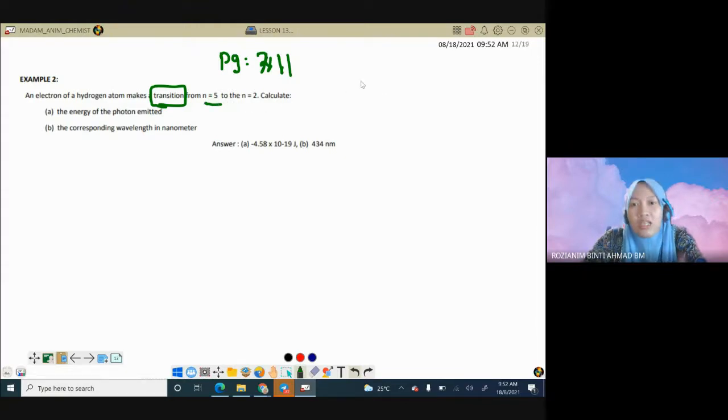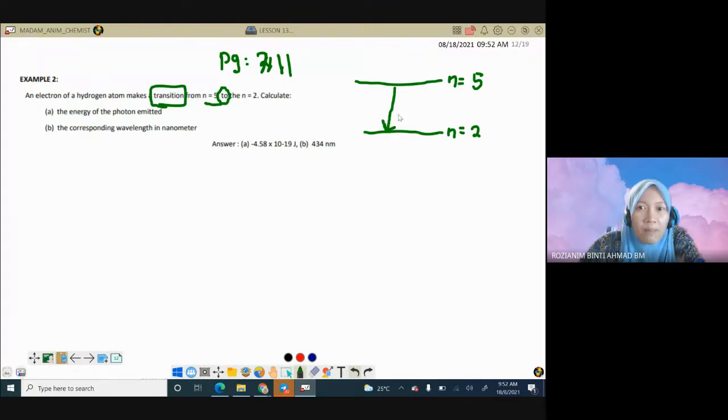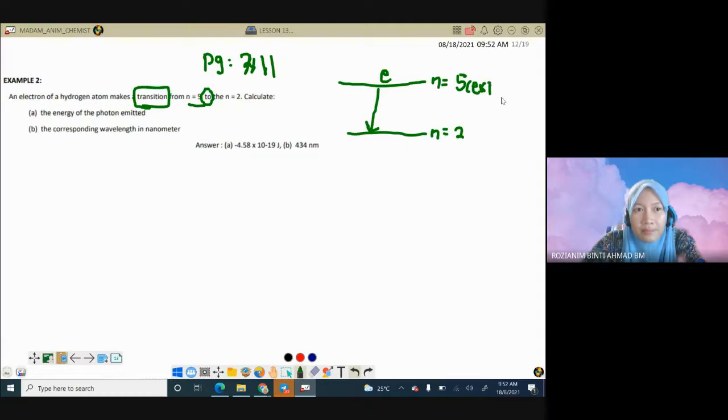So kita tahu, okay, this is a number of the shell. So kita label shell number 5. And we have the second transition N equal to 2. So bila 2, so means we know that this electron is a fall back. So when the electron falls, we can know that N5 is excited state.